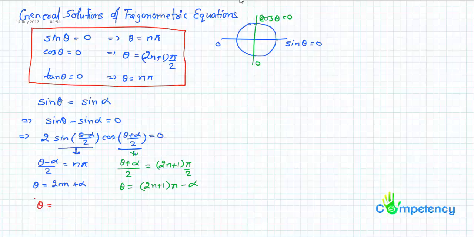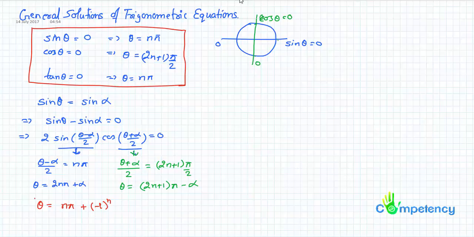is equal to any multiple of pi, but we may have to add or subtract based on whether this multiple is even or odd. If it is even, we are adding, and if it is an odd multiple of pi, we are subtracting. So we just write minus 1 to the power n. What does it do?